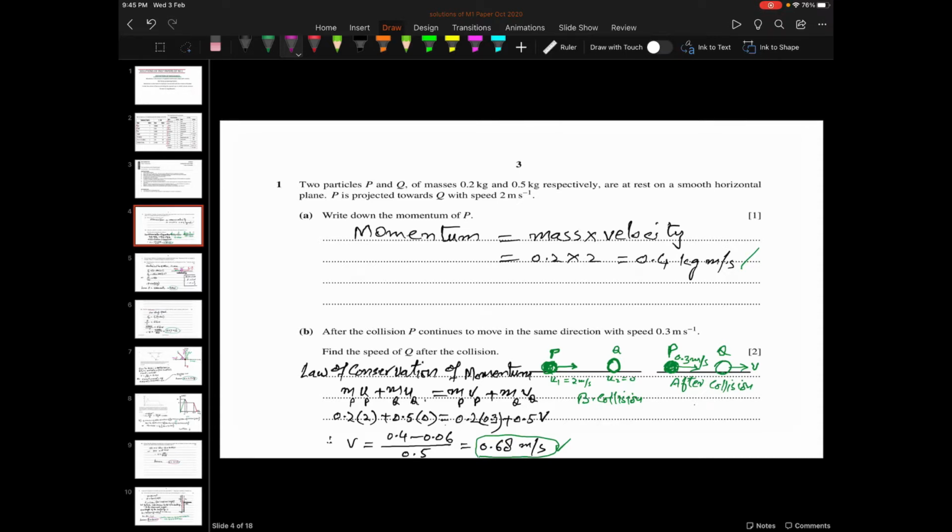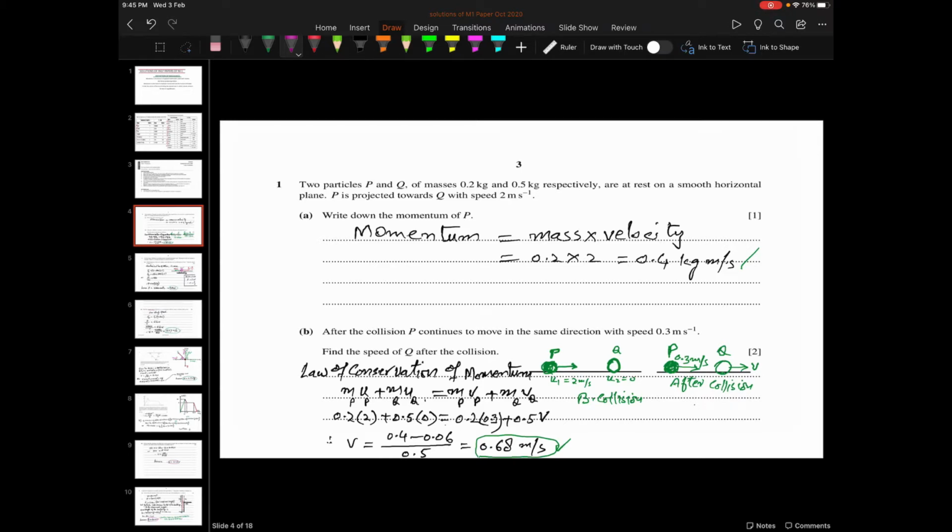In order to find the speed of particle Q, we should use the law of conservation of momentum, which is MPUP plus MQUQ, the sum of the momentum of the system before collision, is equal to MPVP plus MQVQ, the sum of the momentum of the system after collision.